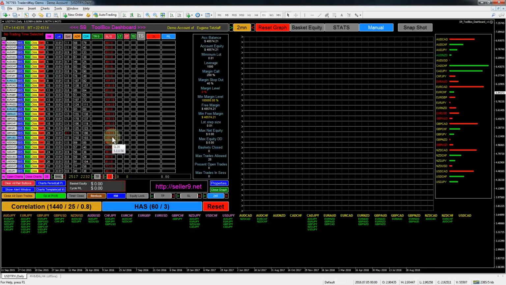It's not a basket stop loss. And you may want to crank this down a bit, down to 4, 3, 2, whatever you want to use. This would be your safety net in case this pair or this pair or this pair decides to go rogue on you and goes the wrong direction. This will take that pair out of the basket.